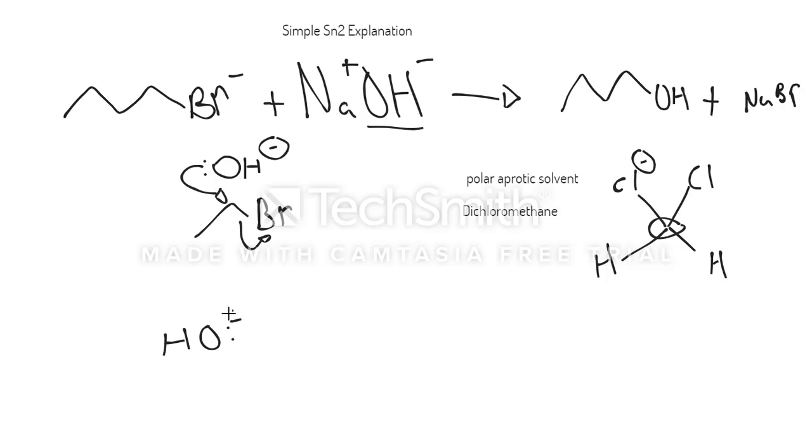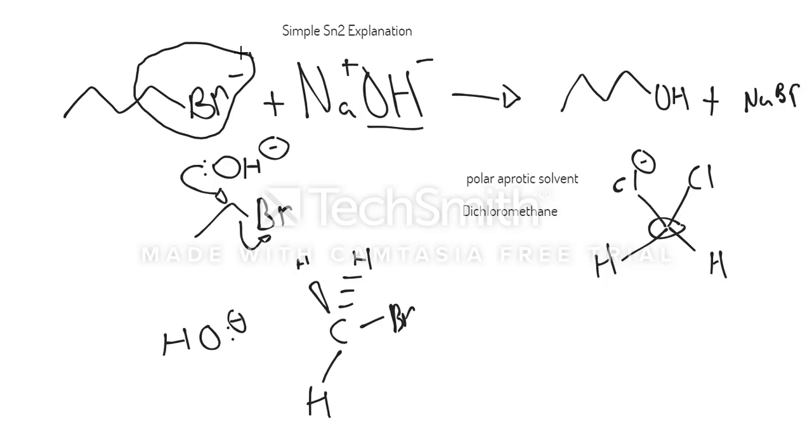The reason it's called a backside attack is because the formal structure of this is to have this carbon bound with the bromide. And of course, in this simplistic understanding, there are hydrogens all around, as we discussed in the first video. So we're taking a screenshot of this section here.